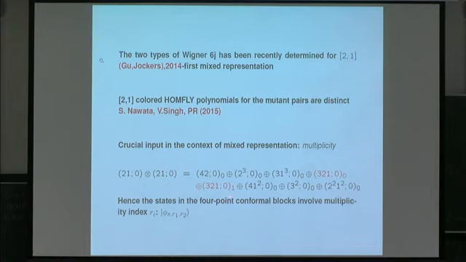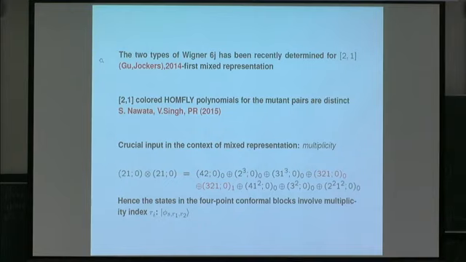I am giving an additional index to it, 0 and 1. So this is the additional input which comes in when you have representations whose tensor product can have the same representation appear more than once. And this multiplicity plays a very crucial role.